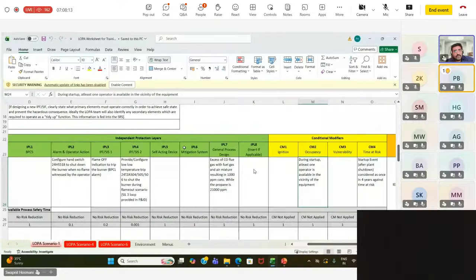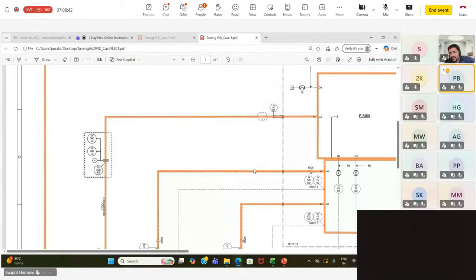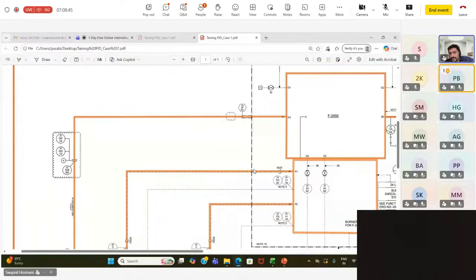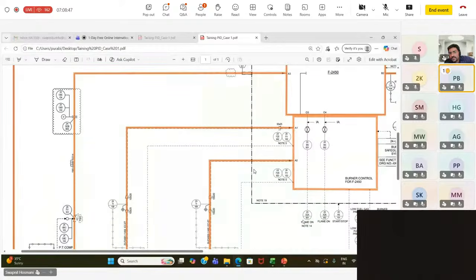Here they are saying: configured hand switch to shut down the burner when no flame is witnessed by the operator. That means there is a sight glass or some device which shows a continuous flame. If the flame is not there, the operator, based on his visualization, can go and switch off the burner. Showing you in the P&ID, this is the no flame indication, flame on, flame on.